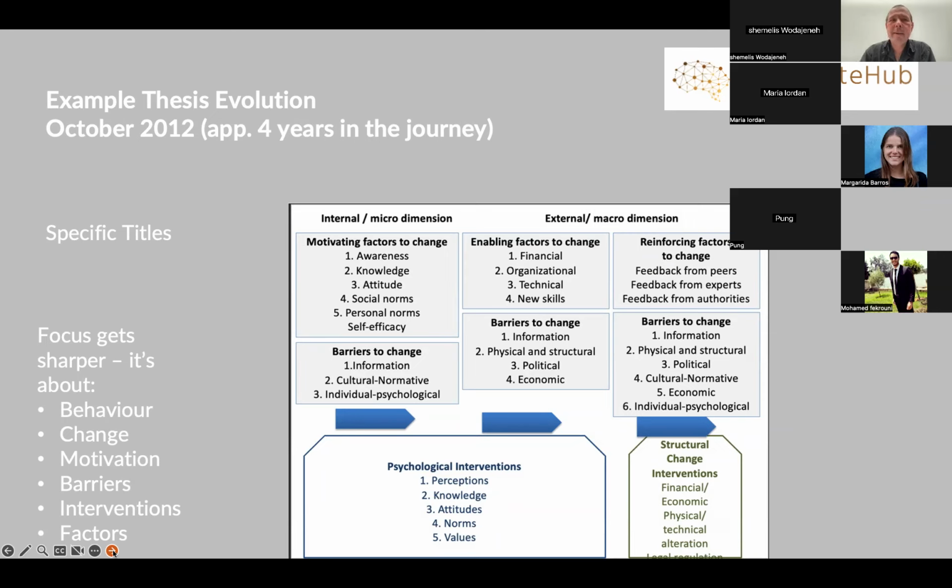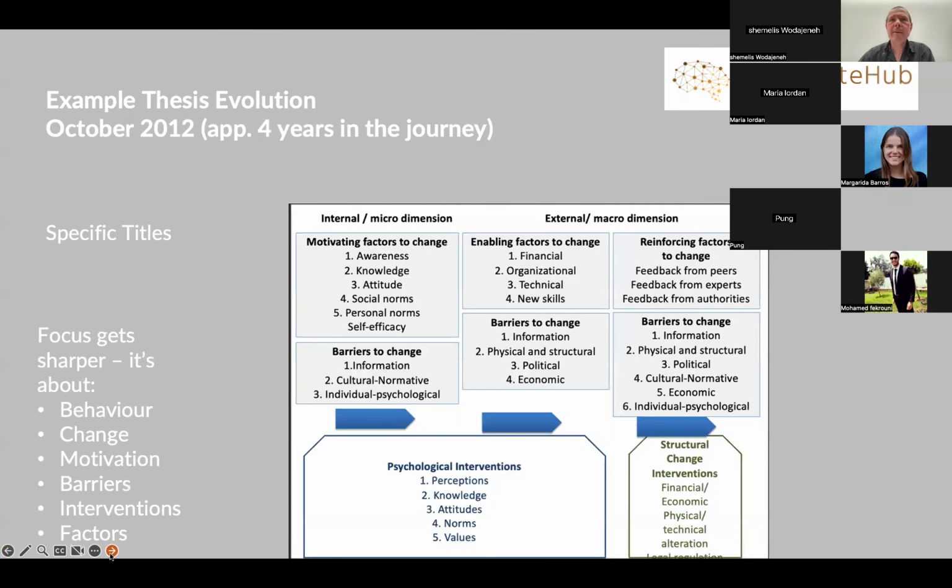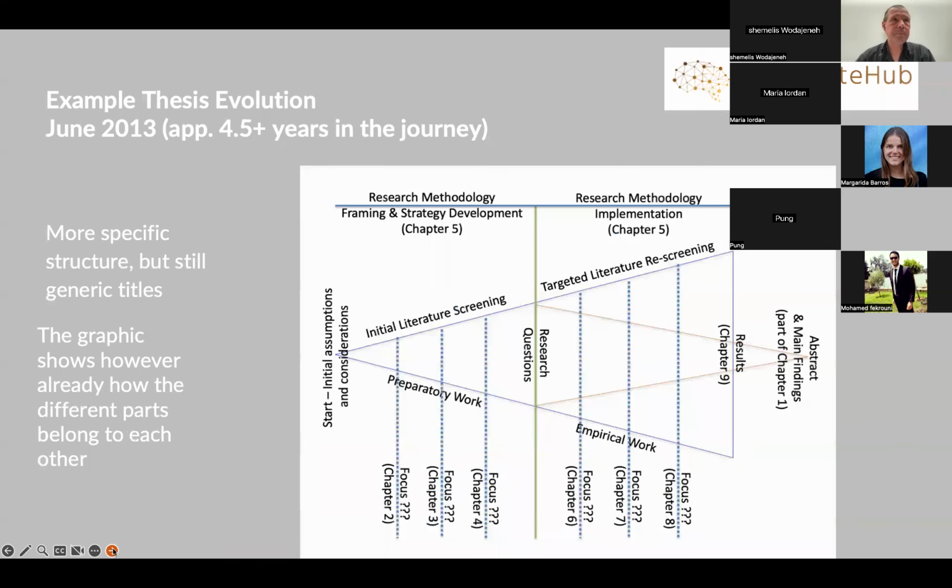Now in this case, you moved from something very basic like this into the next evolutionary stage, so you already bring in keywords. Keywords are crucial for you to make sense of your thesis, to know what things are about. Awareness, knowledge, attitude, social norms, personal norms. So those are very concrete words, and that can help you guiding and to further work out your thesis.